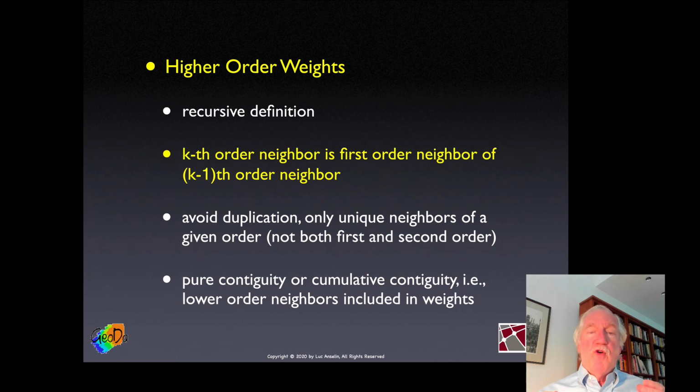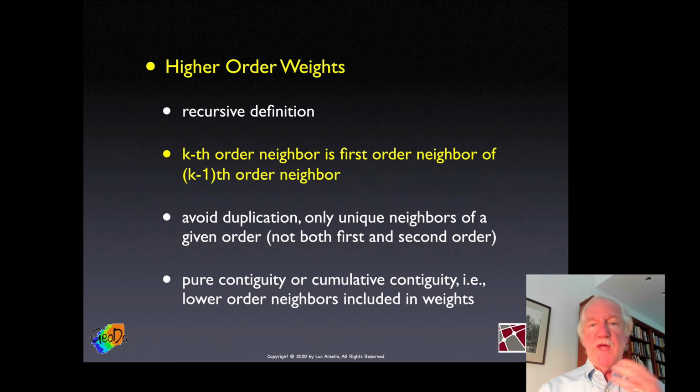So for those analyses where it does matter, we need a pure notion of higher order contiguity, which means that we need to eliminate the neighbors that double dip. So if you are a neighbor of order 1, you cannot be a neighbor of order 2. If you are a neighbor of order 2, you cannot be a neighbor of order 3.